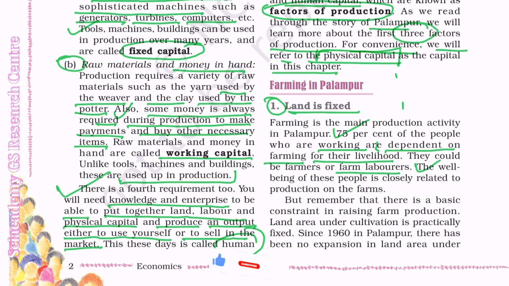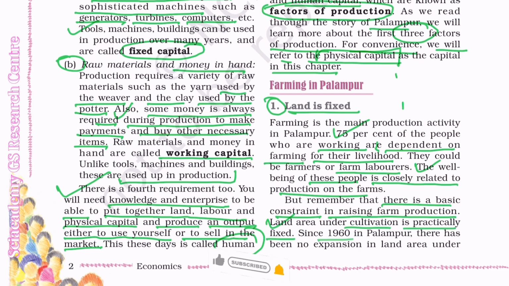The well-being of these people is closely related to production on the farms. But remember that there is a basic constraint in raising farm production. Land area under cultivation is practically fixed.